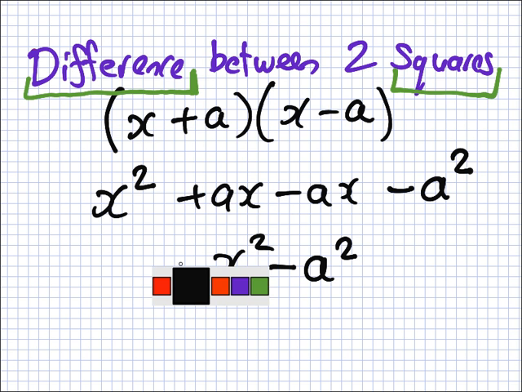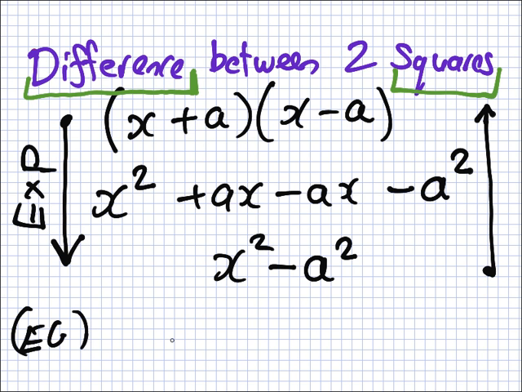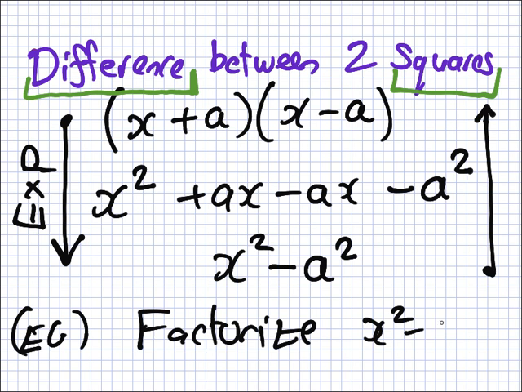Okay. Now, what's the verb for going from here to here? What did we do? Multiply or expand. Okay, expand. And going the opposite direction, that's factorizing. So let's have a look at an example. Let's say I want you to factorize x squared minus 4.